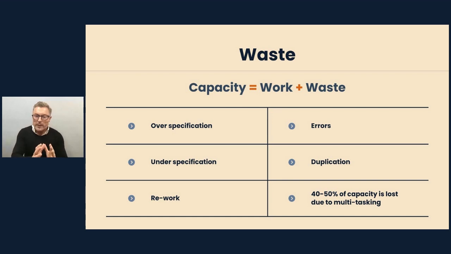But remember, your capacity is determined by the amount of value work that you do, work related to purpose, versus the amount of waste. So over specification, under specification, rework, errors, duplication, multitasking, all of those things are consuming your capacity.